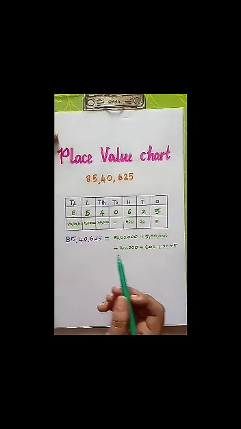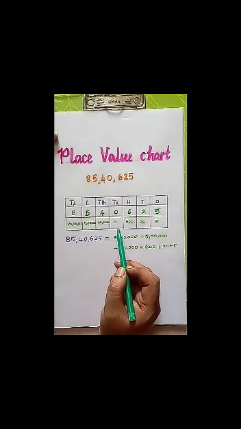As there is 0 in the thousands place, we do not include it in the expanded form.